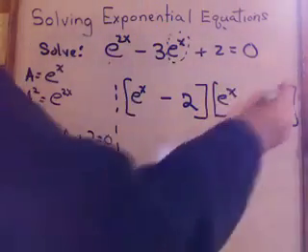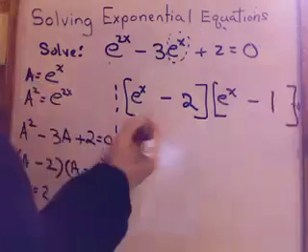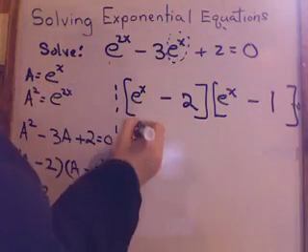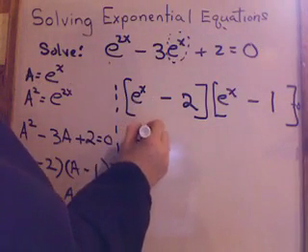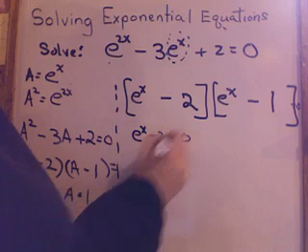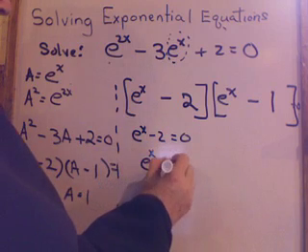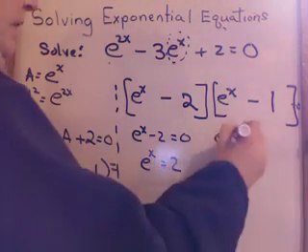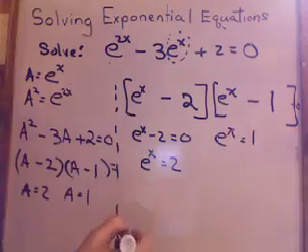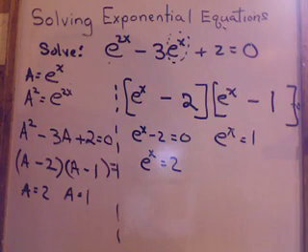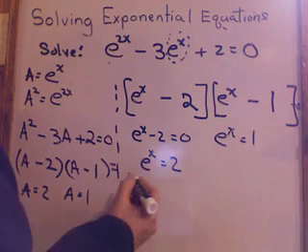At this point, I have it equals 0 over there. All right, at this point, set each part equal to 0. So e to the x minus 2 equals 0, e to the x equals 2, e to the x equals 1 in this part of the problem. What do I do next? Natural log of both sides.